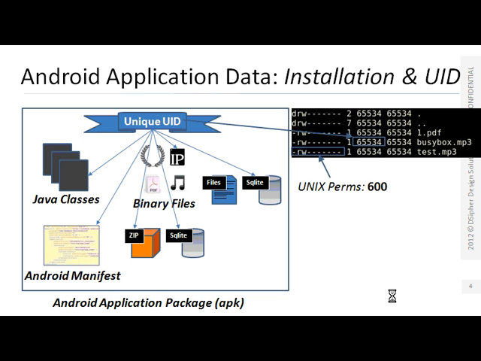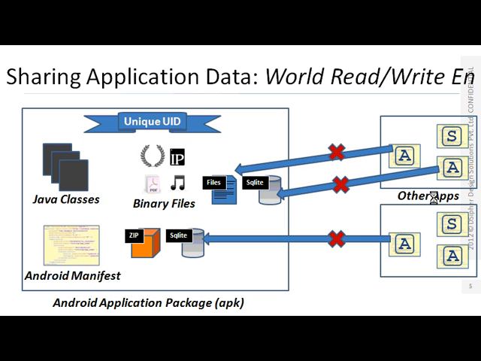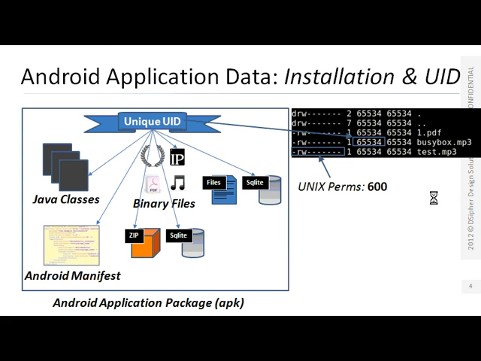So whatever files you have designed for your application, any binary files, class files, Android manifest file, zip file, SQL file, any database file, all share a unique UID, because your Android application is given a unique ID by the Linux kernel.